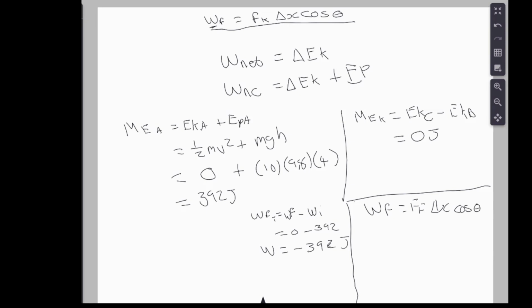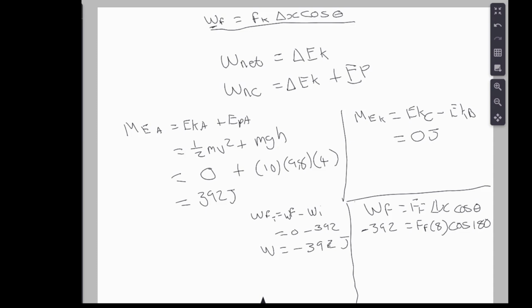We have 392 joules that was lost due to this frictional force over 8 meters, cos 180. Remember it was lost, so put in that negative sign.